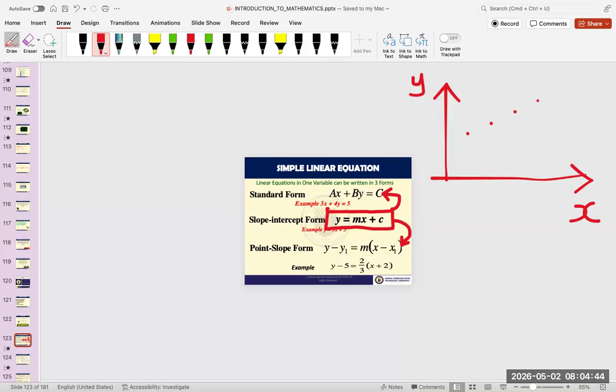After plotting the points, you were taught to join the points to become a straight line, and then extend the straight line to cut the y-axis. Where the straight line cuts the y-axis, you were taught to label that point as C, called the intercept on the y-axis.